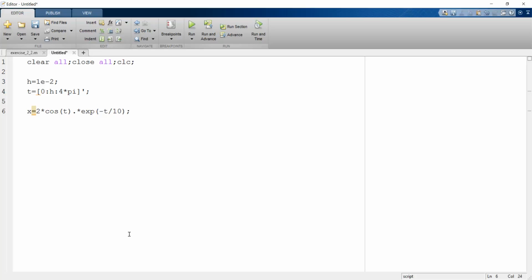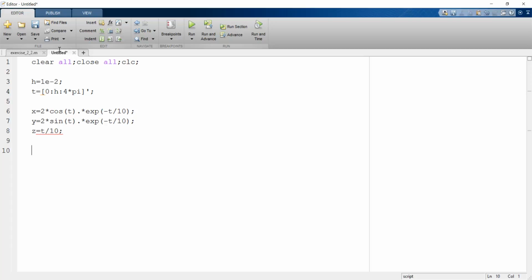This is your copy. Y, but for the Y you have the same. I can define a value r, no problem, and you write z equal to t divided by 10.